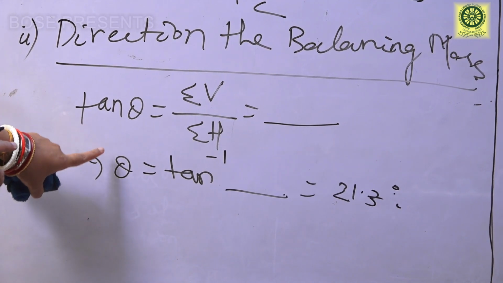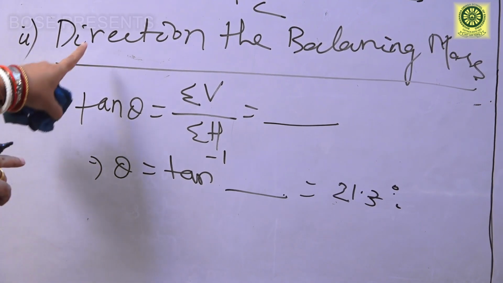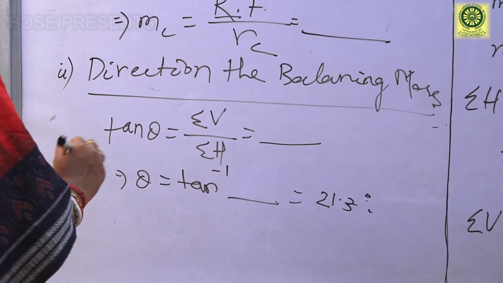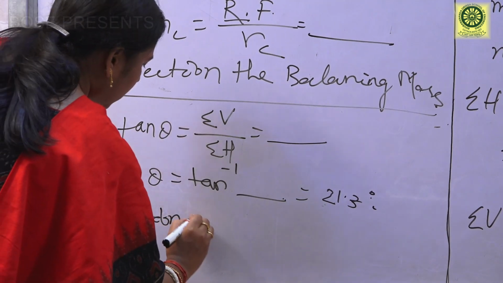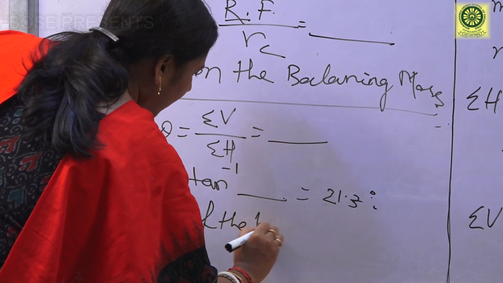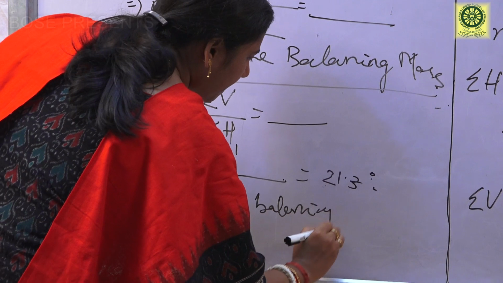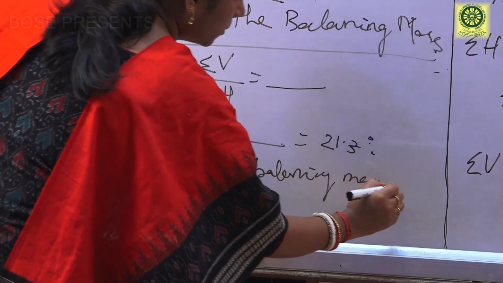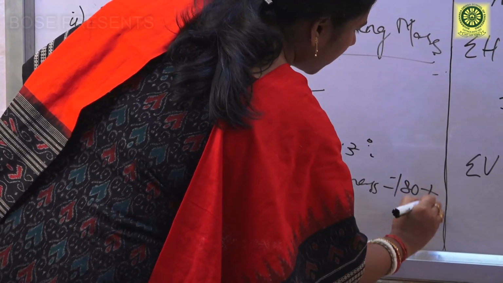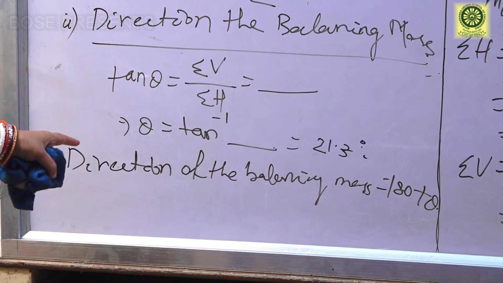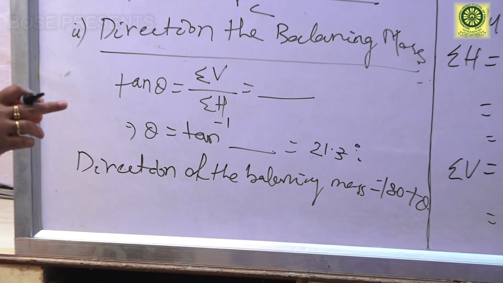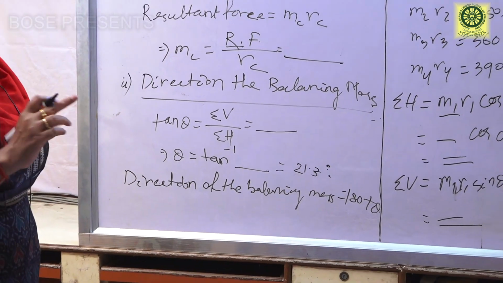Clear? But we have to find out the direction of the balancing mass. So the direction of the balancing mass will be equal to 180 plus theta, because that will be equal in magnitude to the resultant force but opposite in direction.